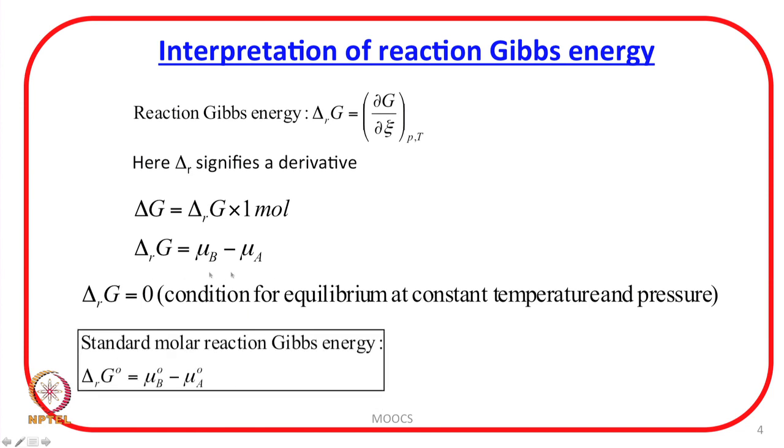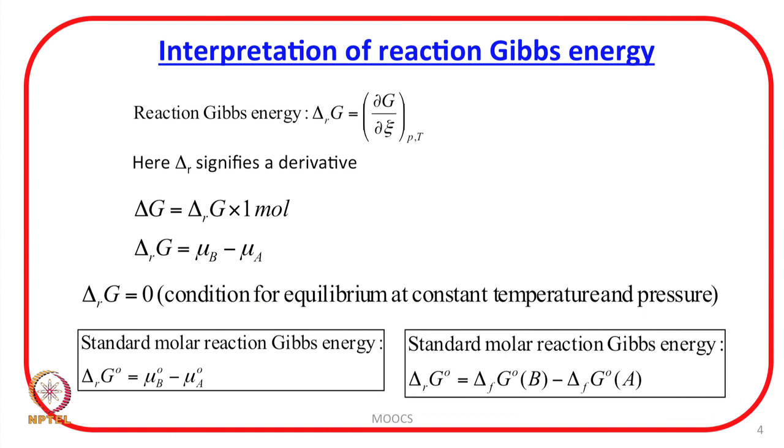If I apply this equation under standard state conditions, then the standard reaction Gibbs energy will be equal to the difference in the chemical potentials of B and A in their standard states. This equation also holds. We also know that we can get the standard molar reaction Gibbs energy from the Gibbs energy of formation of the product and the Gibbs energy of formation of the reactants.